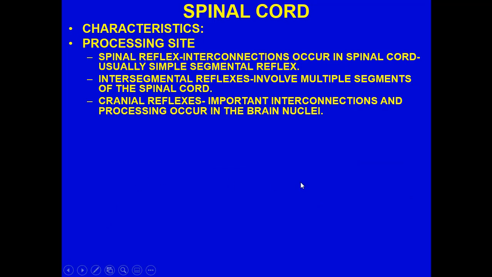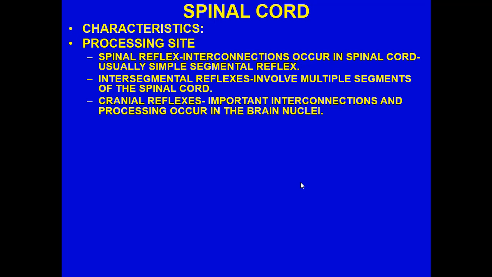Now, one of the other characteristics is the processing site. Okay, spinal reflex, the interconnections occur in the spinal cord. Usually these are simple segmental reflexes. A to B, B to C, C to D, that's it.